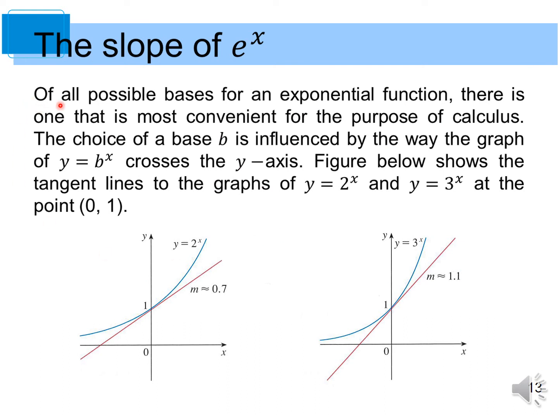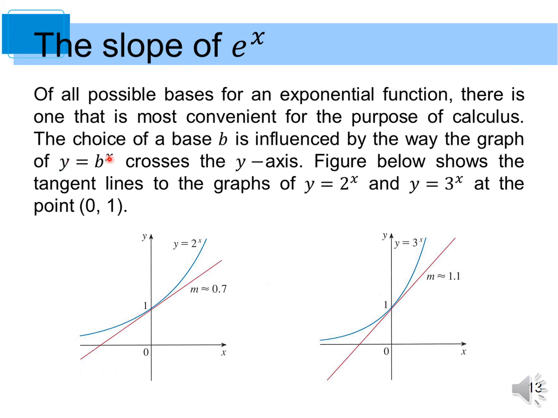Look at the second objective. Of all possible bases, our base can be 2, 3, 4, 5, and so on. For an exponential function, there is one that is most convenient for the purpose of calculus.